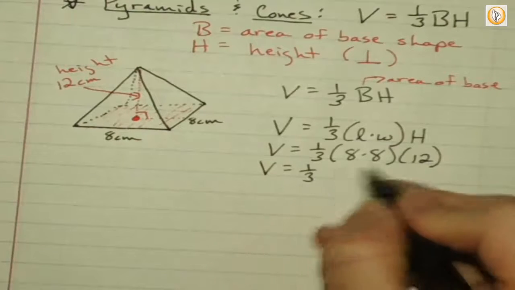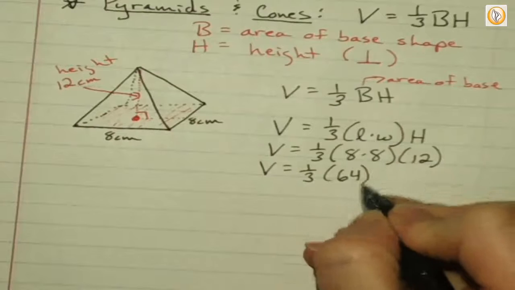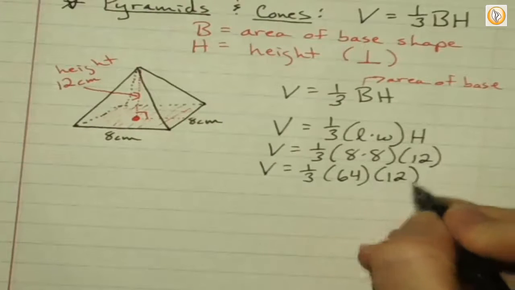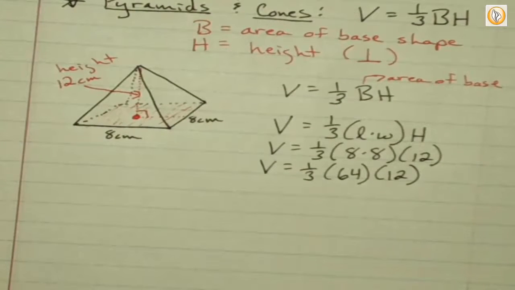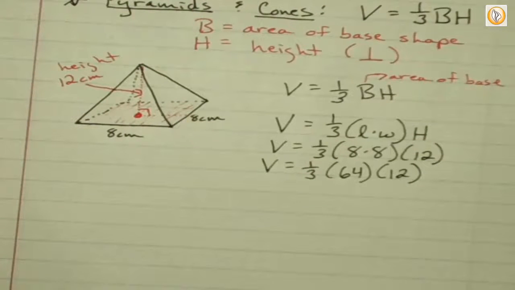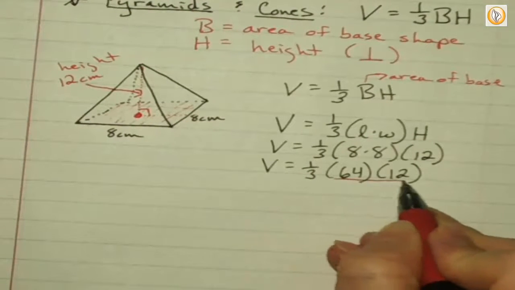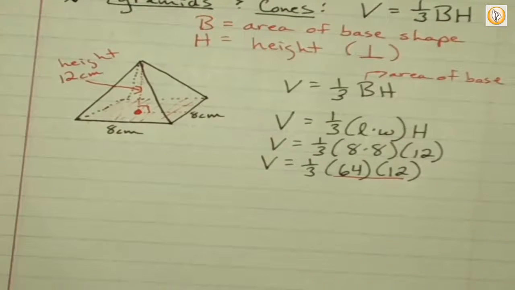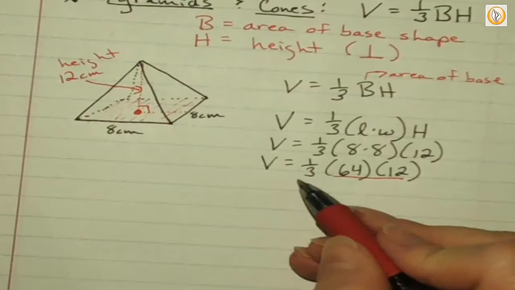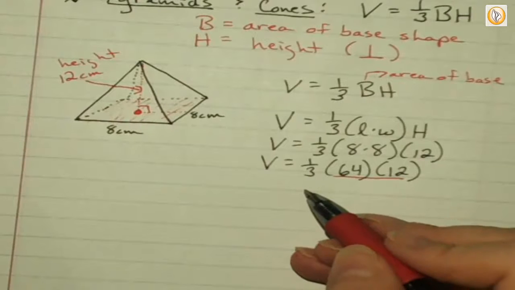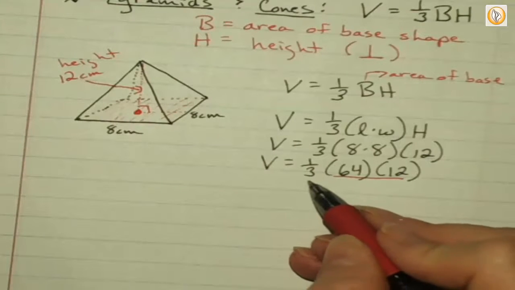8 times 8 is 64. Bring down my 12. Okay, some of you are still battling the calculator, how you input it. I would multiply these two numbers first, and then what am I going to divide by, Michaela? 3. Thank you, 3.